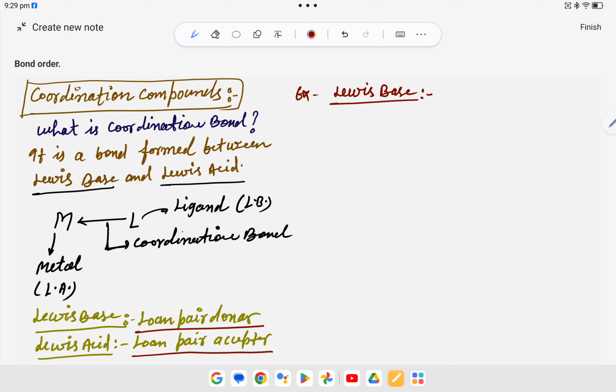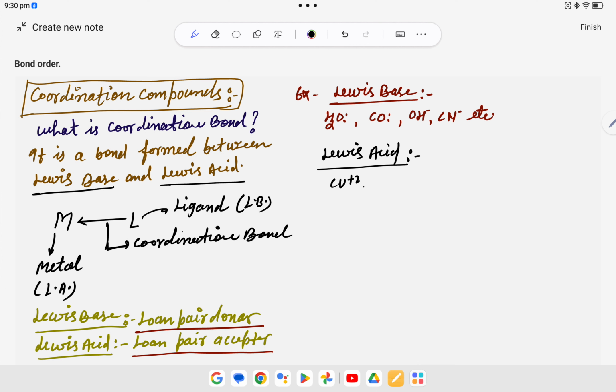Lewis base: H2O, CO, OH minus, CN minus, etc. Lewis acid: what are the examples?